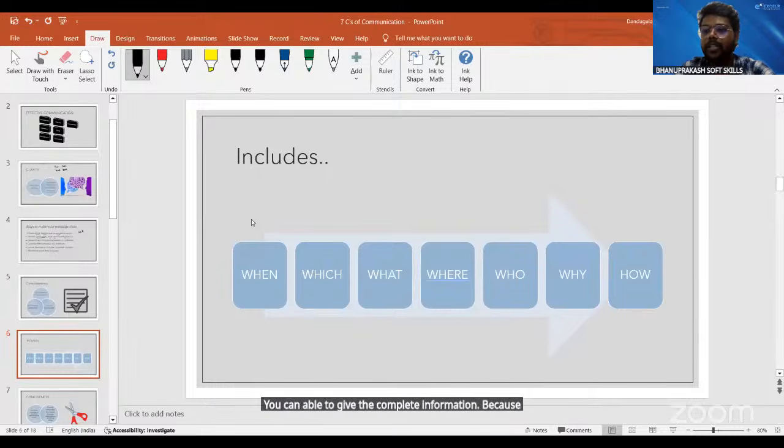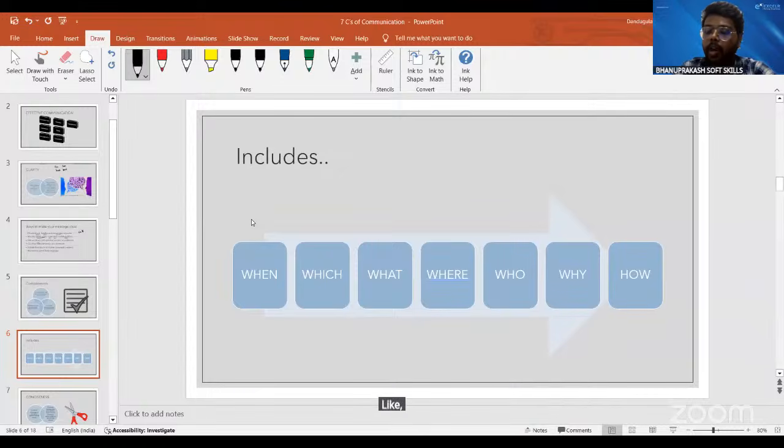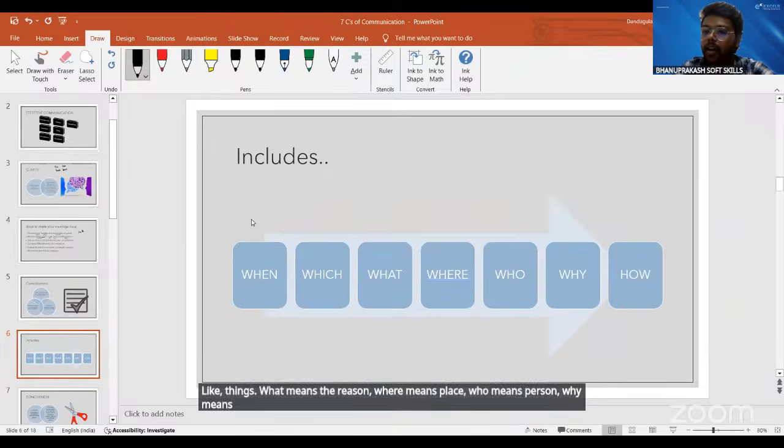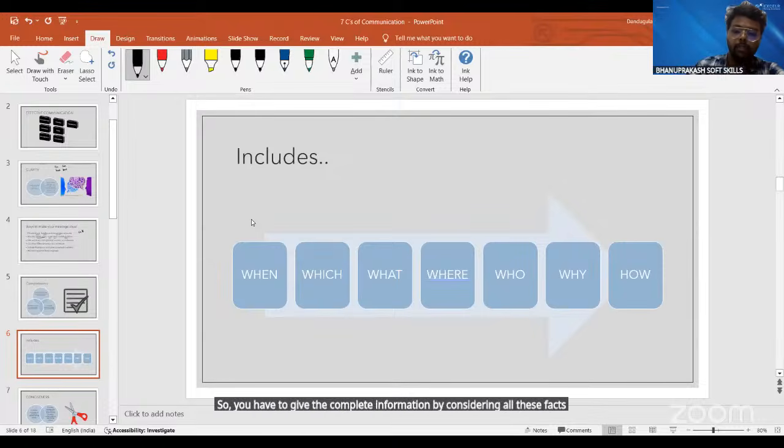When means time, which means things, what means the reason, where means place, who means person, why means again the reason, how means again something related to reason. So it will change according to time, place, person. You have to give the complete information by considering all these facts, so that it will be good.